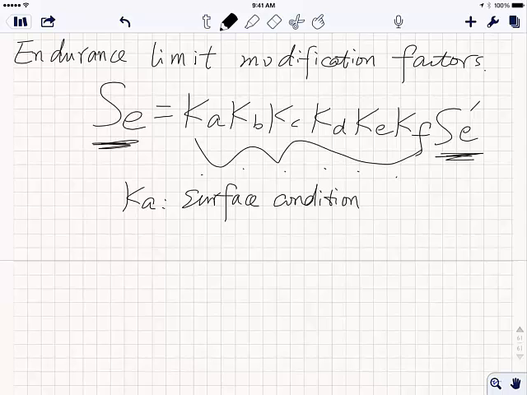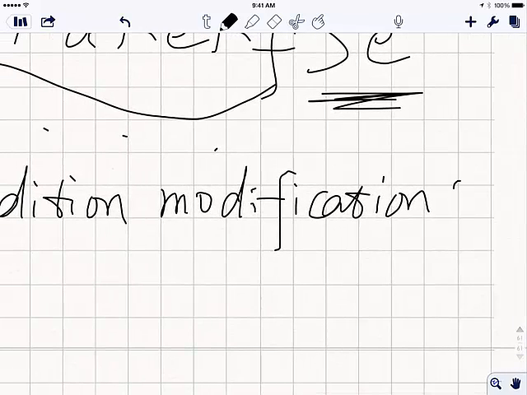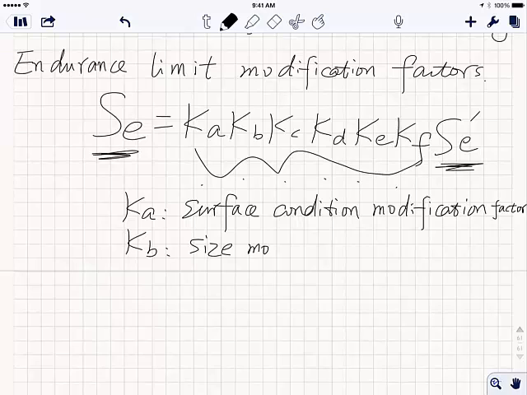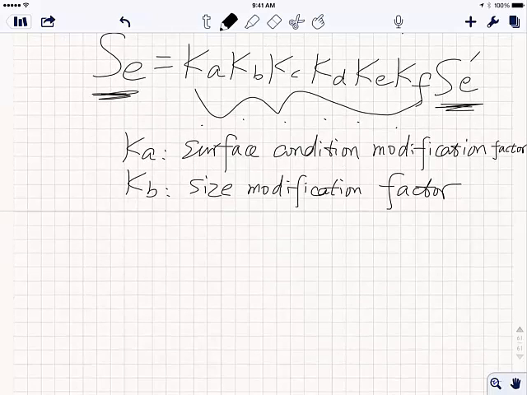Kb is the size modification factor. Kc is the load modification factor.